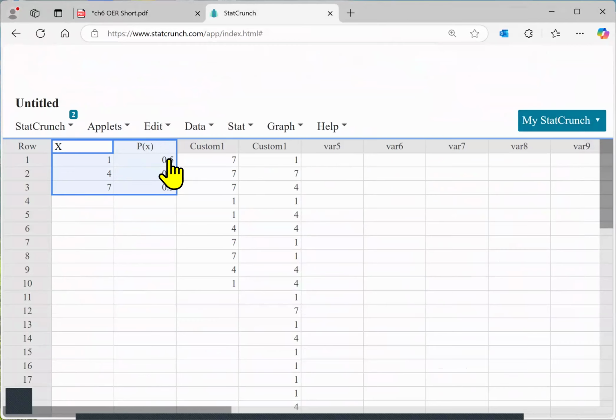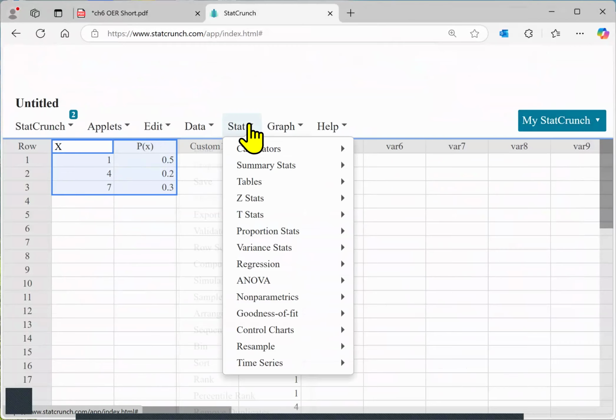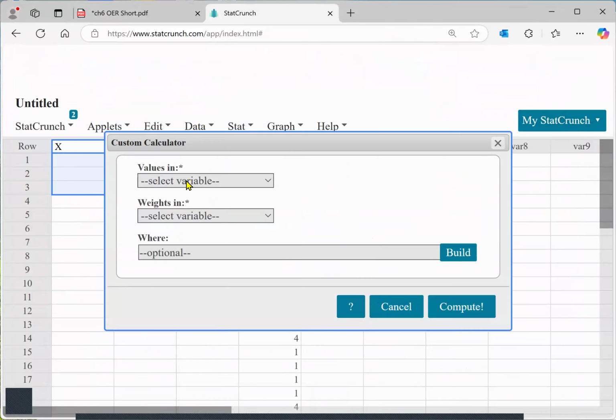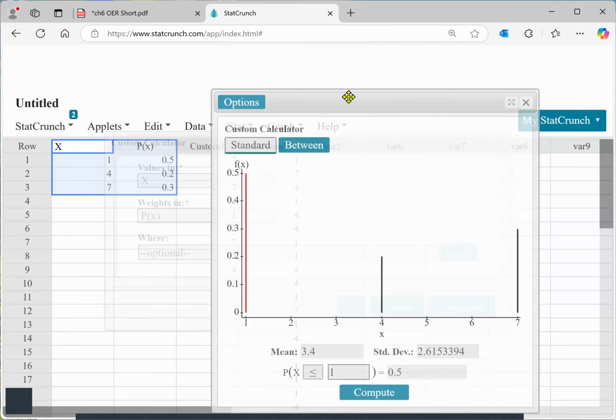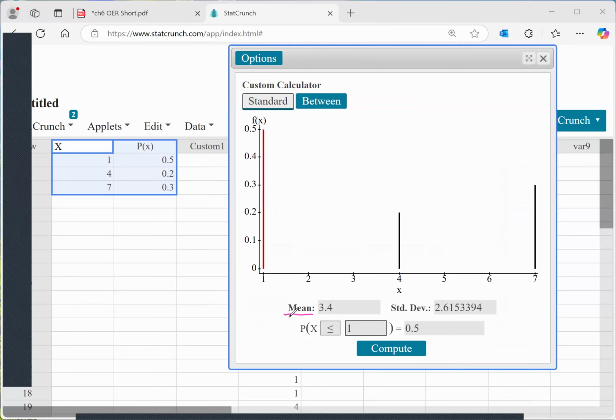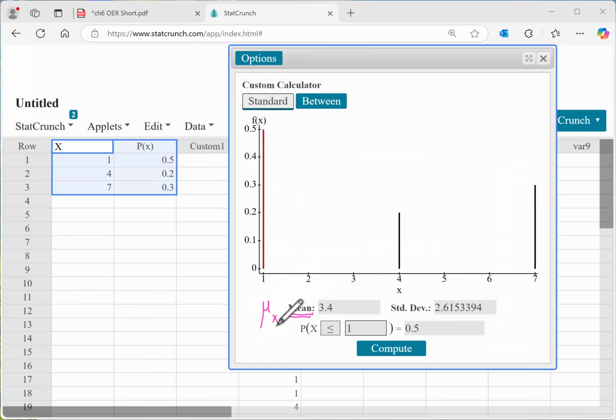And then we're going to go to stats, calculator, custom. Select your x and p of x, press compute, and this is it. You're done. Because we have the mean right here, and that actually is mu sub x. And then we have the standard deviation, which is actually sigma sub x.